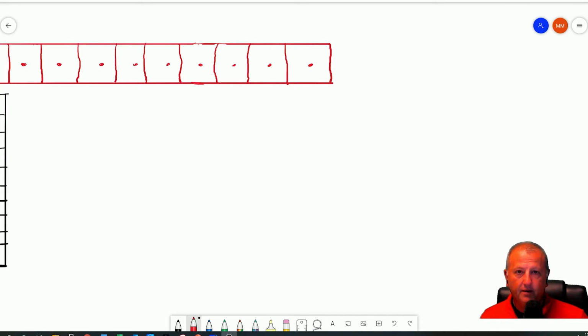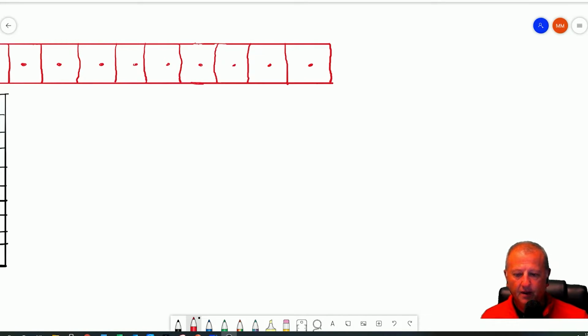So what are some things that can cause this inflammatory response? Well, we could have physical trauma. It could be chemical trauma. It could be burns. And again, it could be a pathogen. It could be an infection. So that's where we're at.